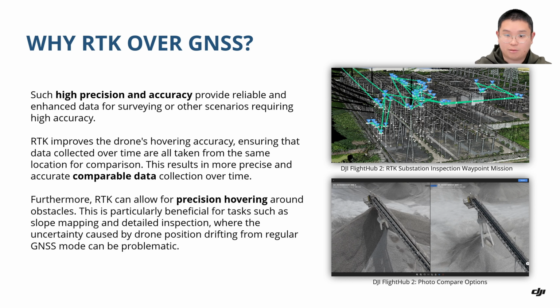Lastly, the high-precision hovering capability facilitates the design of autonomous waypoint missions around obstacles. This enables the drone to accomplish tasks not possible before in GNSS mode, such as autonomous close-up facade photo capturing and detailed waypoint inspection missions within a substation, for example, when there are many nearby obstacles.